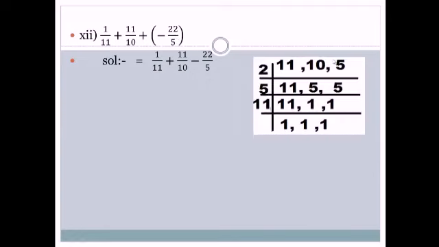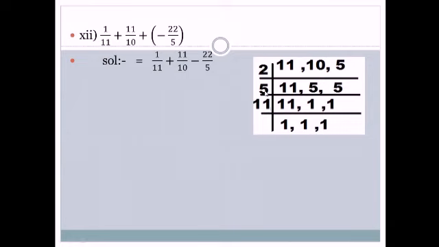Now we take the LCM of 11, 10 and 5. Again we choose the smallest prime number. 10 is divisible by 2, so 11 we copy as it is, because it's not divisible by 2. You know how to take the LCM. Then we have 10, so 2 5s are 10, so 5 we write here. This 5 we copy as it is, because it's not divisible.